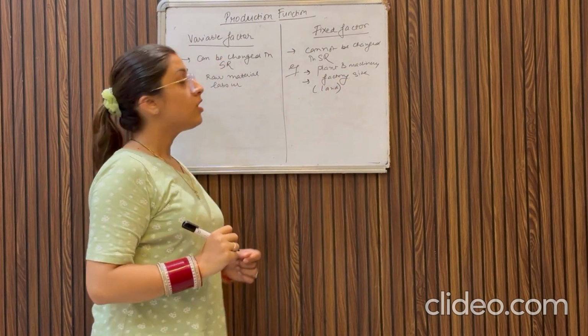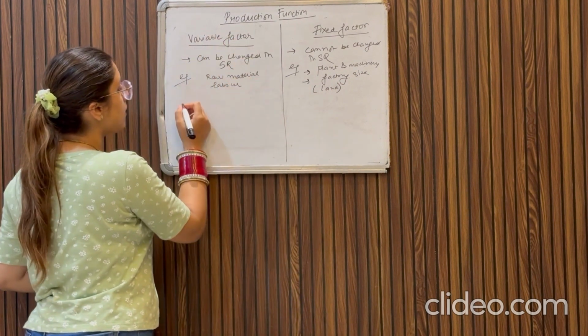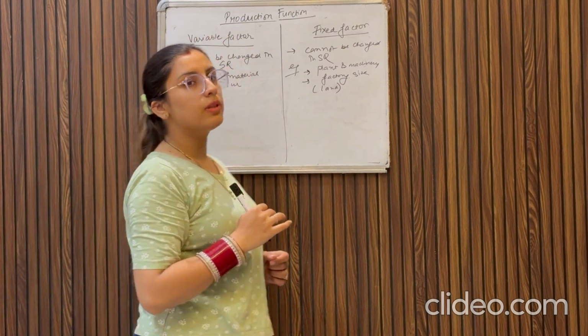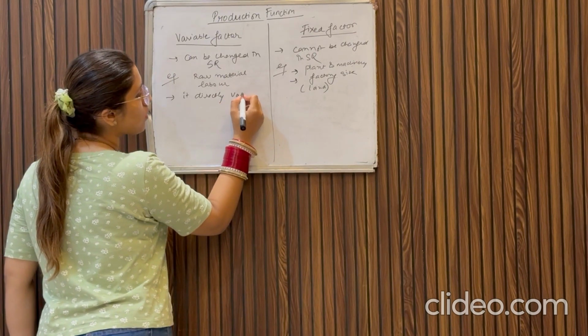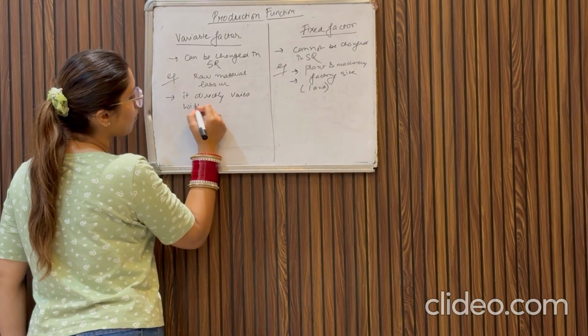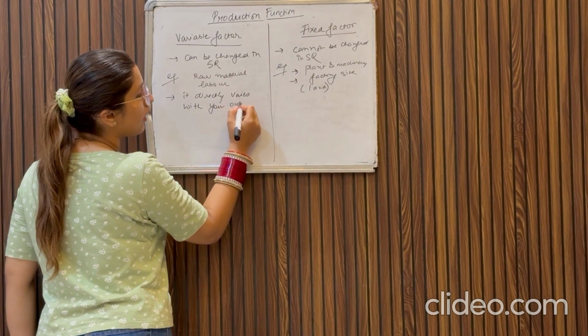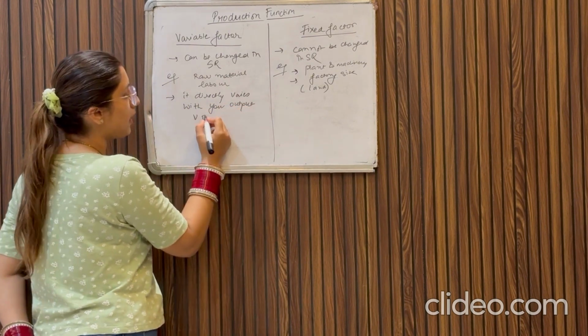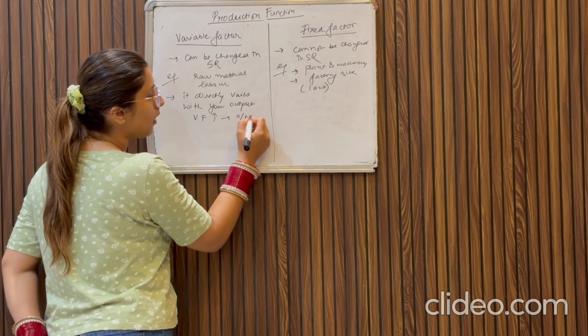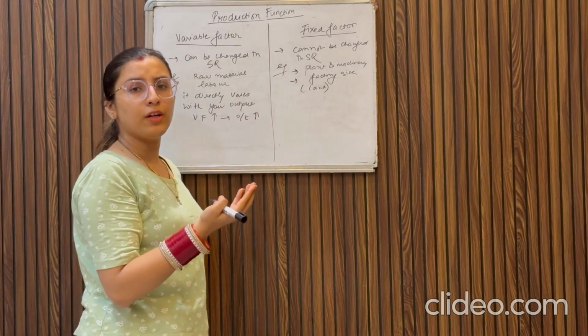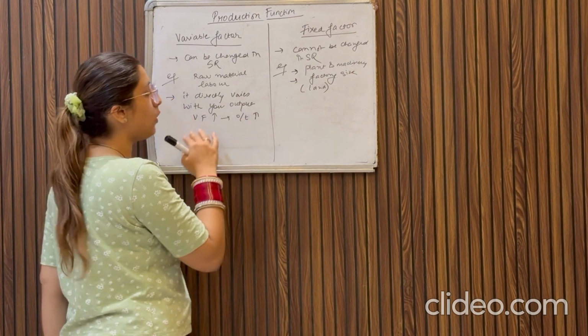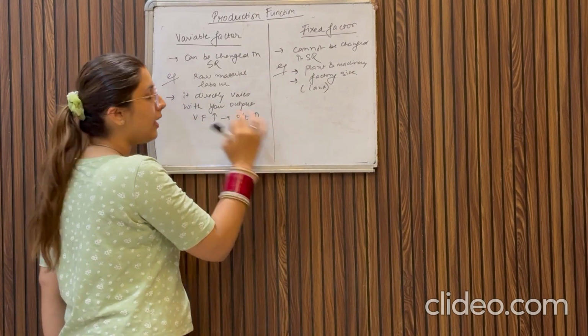So the variable factor directly varies with your output. That is, when the variable factor increases, your output increases. When you increase the quantity of raw material, your output will increase. When you decrease the quantity, your output will decrease.